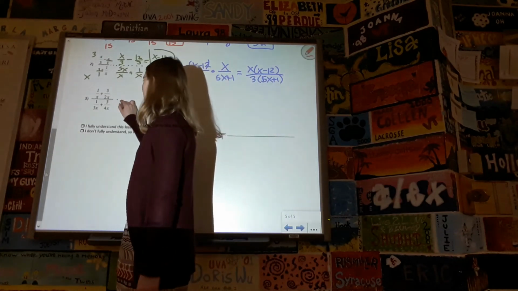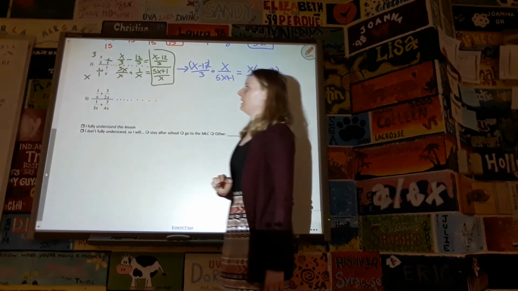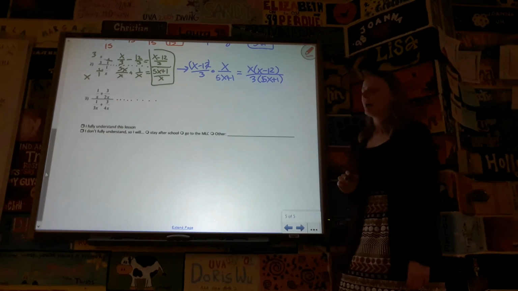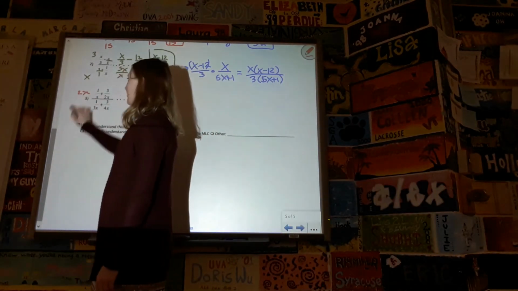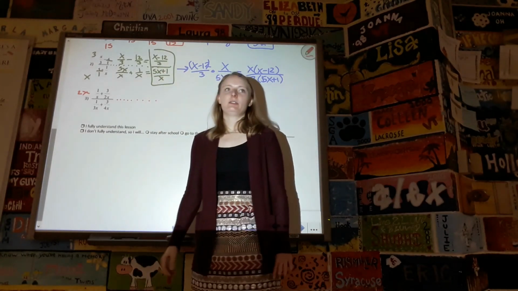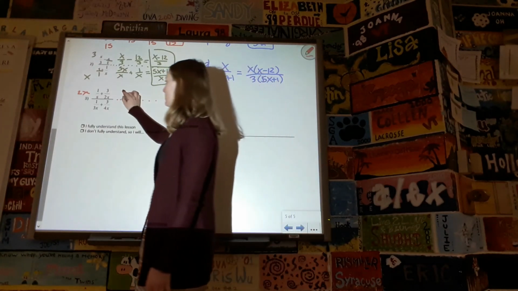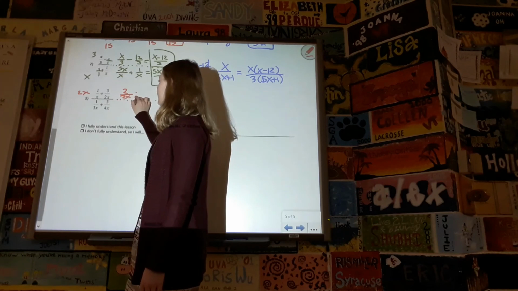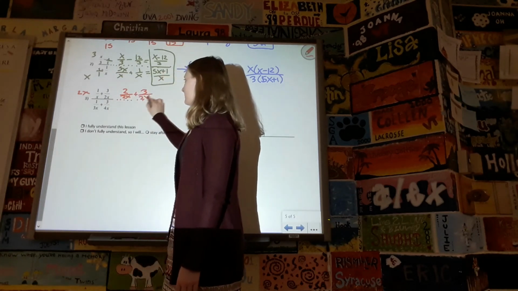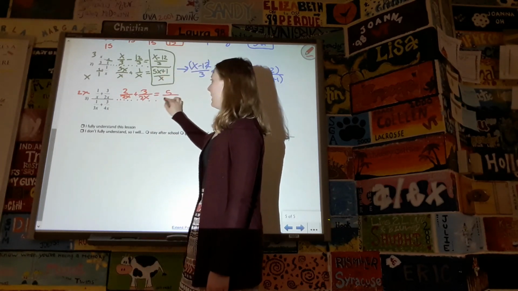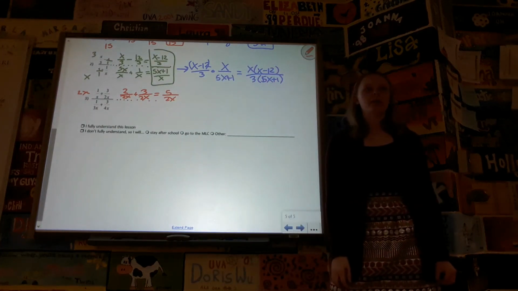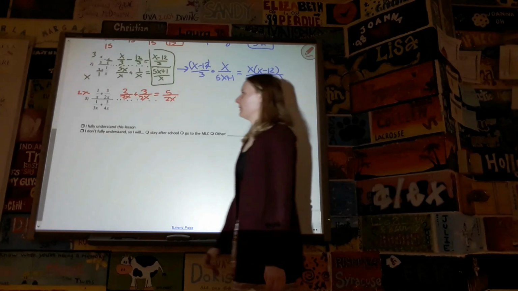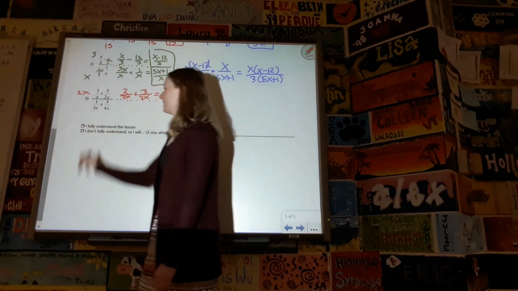Our last one. What would the LCD be for the top set of fractions? 2x. So all I would have to multiply the first one by is 2. And that gives me a total of 5 over 2x. Everybody agree? Alright, would the common denominator be on the bottom here?